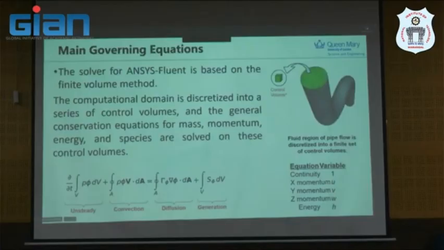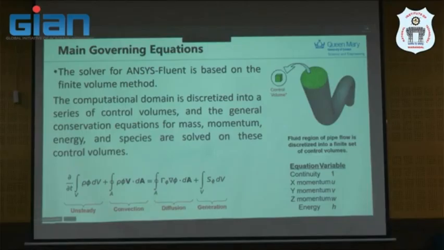Okay, let's go back to ANSYS FLUENT. All the above simulation cases are calculated by ANSYS FLUENT, and we know that if we want to make a numerical simulation, we should get the governing equations.